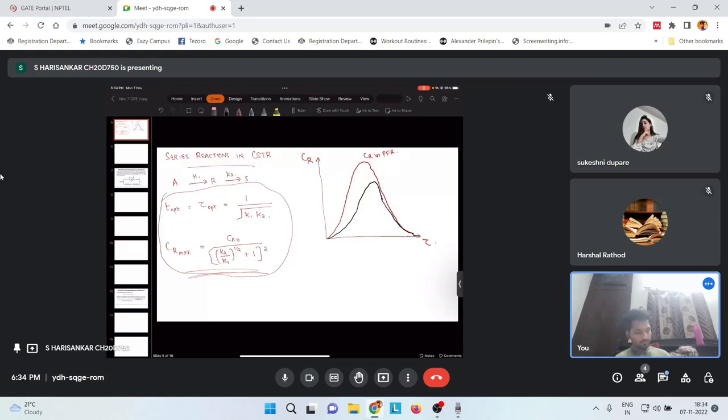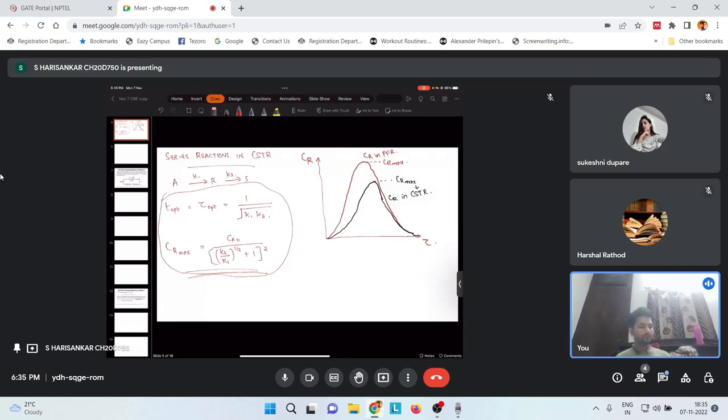So this will be CR max, sorry, this is CR in CSTR. So this will be the CR max for CSTR and this will be the CR max for PFR.